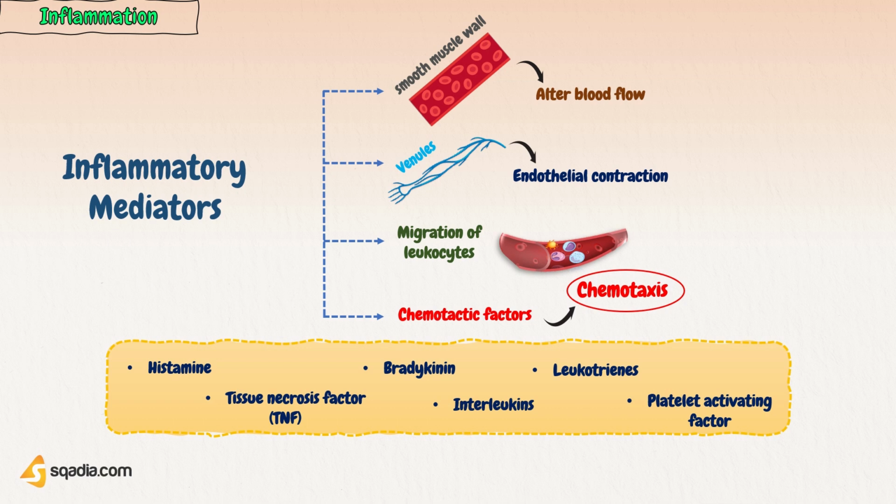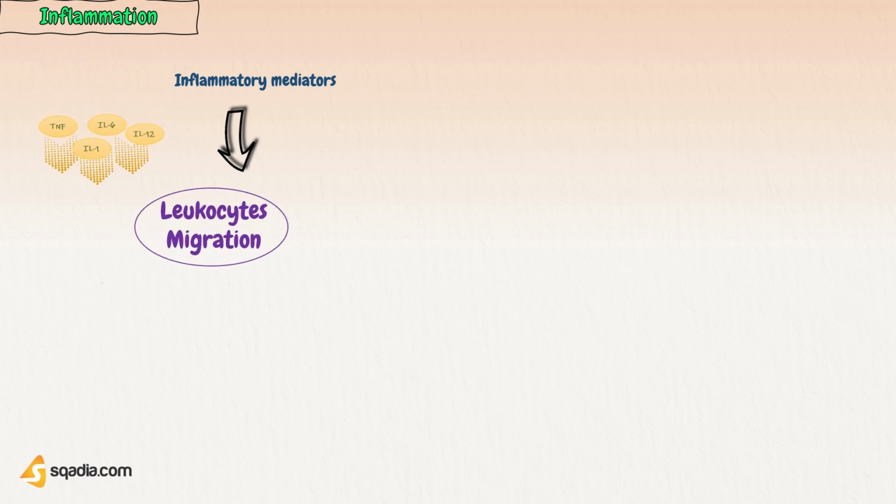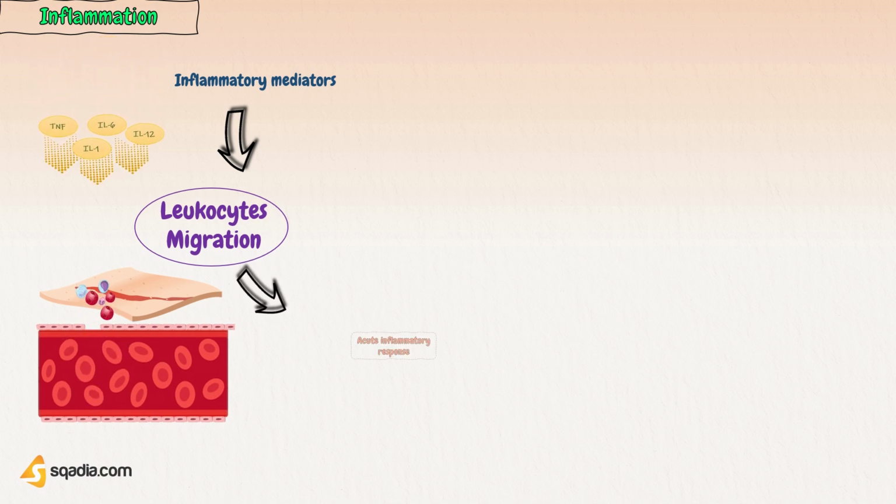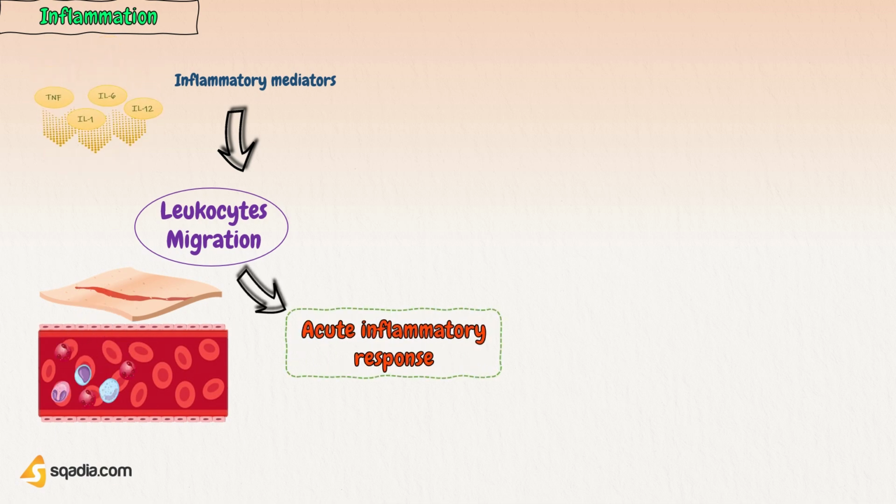After release of inflammatory mediators, the leukocytes that are charging along in the blood vessels need to be redirected to migrate into the inflamed site. Several classes of substances or chemicals subserve this role as well. So once leukocytes have migrated towards the site of inflammation, the acute inflammatory response is initiated.